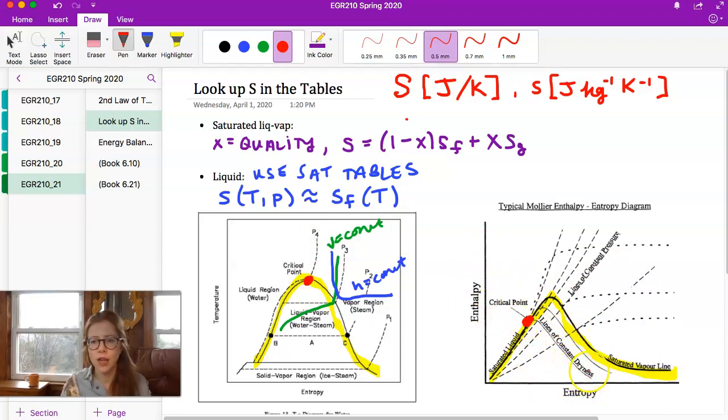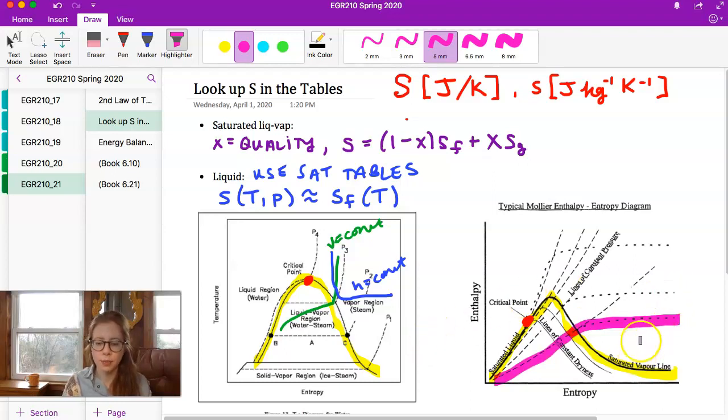This would be a line of constant dryness, and our isobars, or lines of constant pressure, look more linear on this diagram. What we're looking at with these other lines that you don't see in the other diagram, I'll highlight them a different color. I'll make them pink. So these lines right here would be an example of T equals constant.